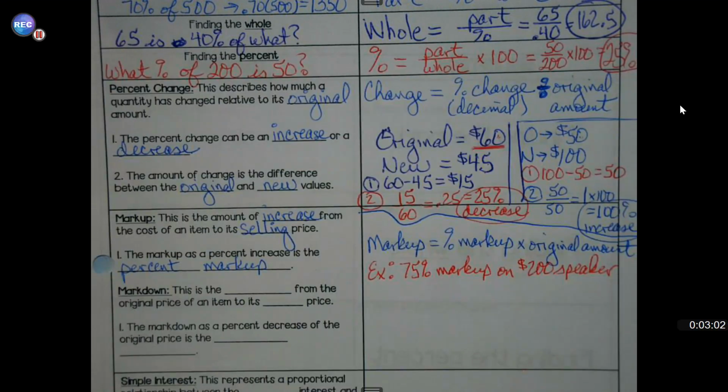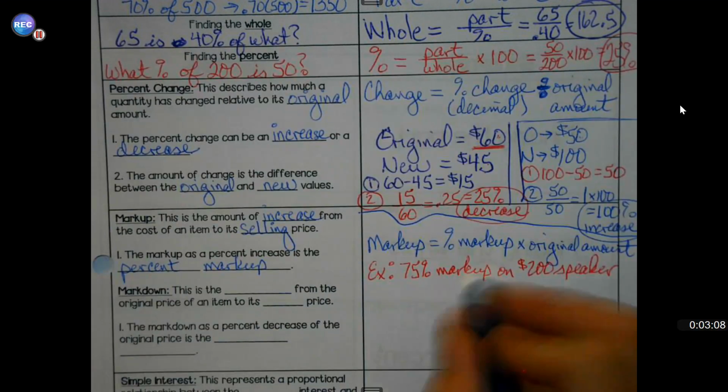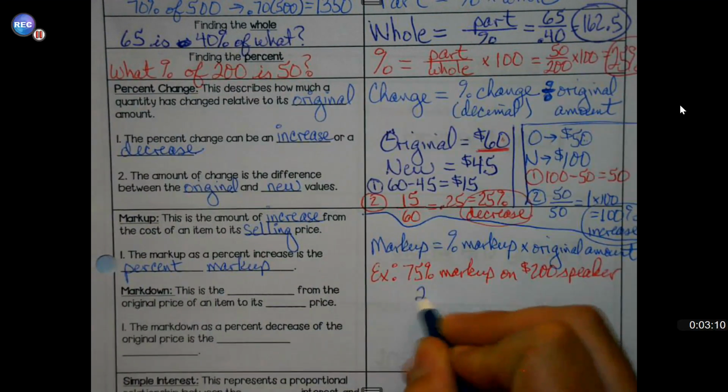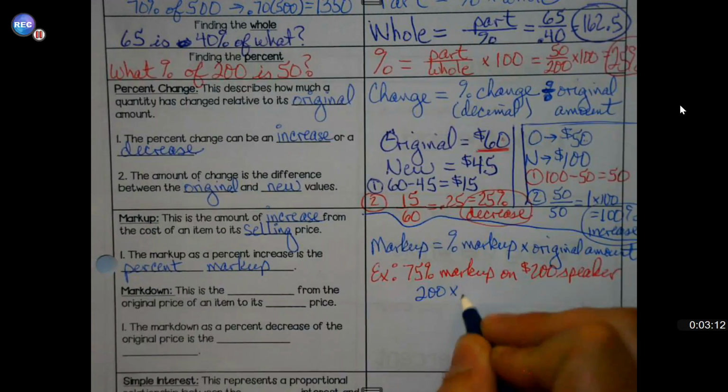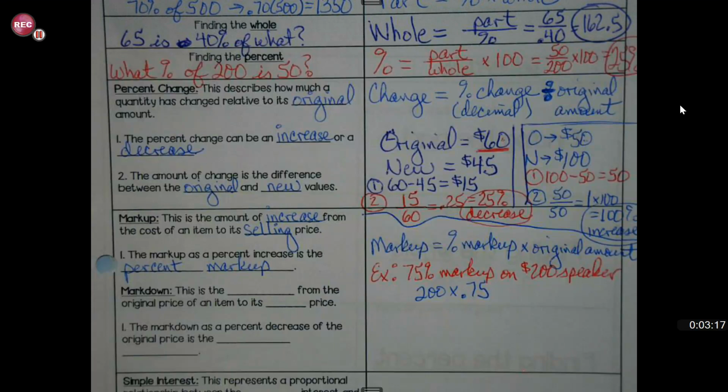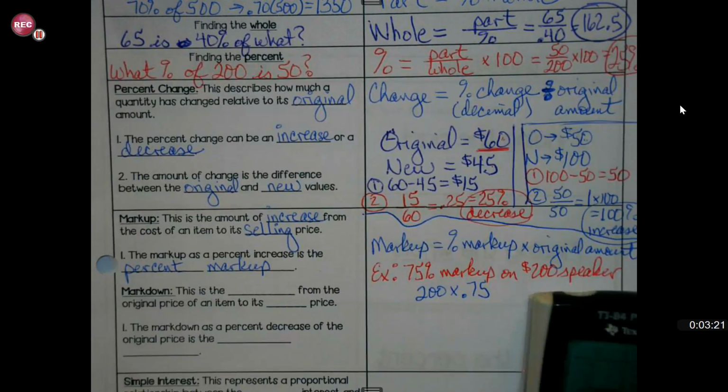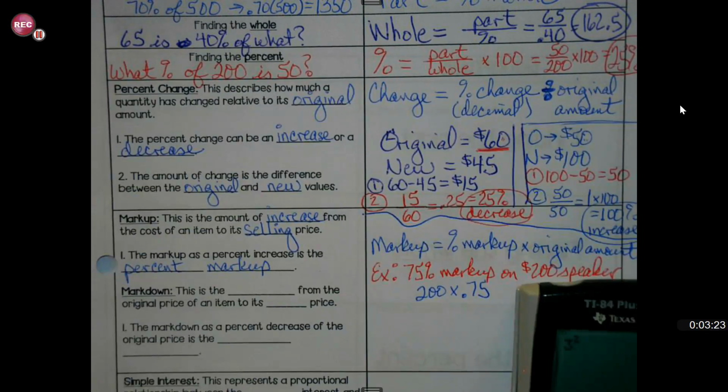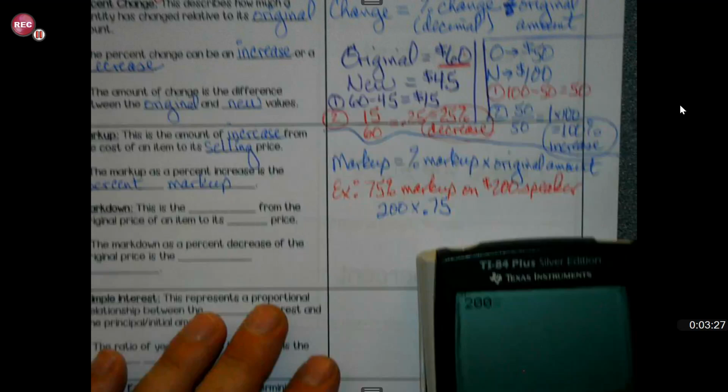And so all I'm going to have to do here to figure out my markup in this instance is I would take 200 times my markup percentage, again, as a decimal. We've got to make that adjustment. Let me get out of the graphing portion here. Probably be good if I go up a little higher here. There we go.